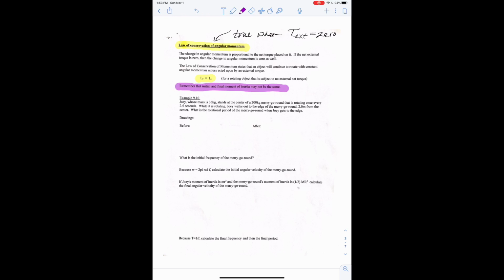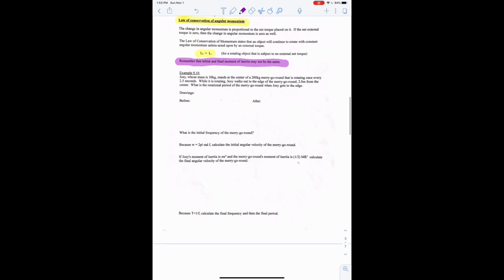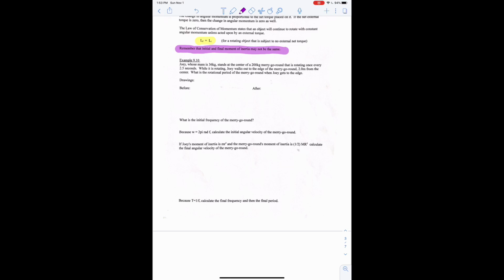You can think about this if you're spinning in a circle and you pull your arms in, like a figure skater, and then therefore the moment of inertia of you spinning is different. It's smaller, right, when you bring your arms in, and so that's what we're going to see happen in some of these examples down below. So let's go ahead and look at them.